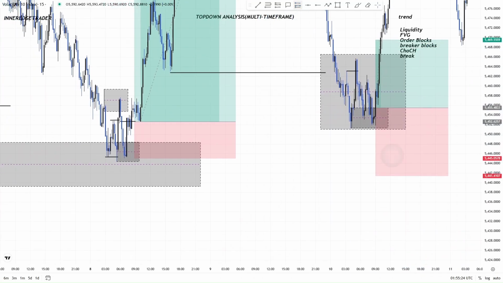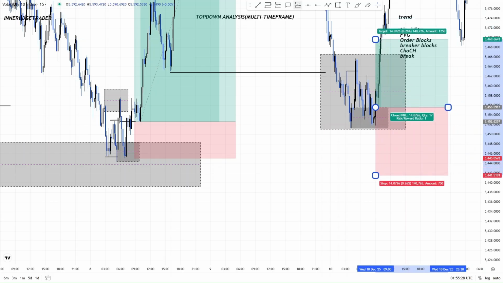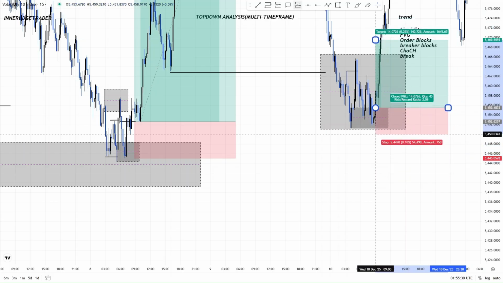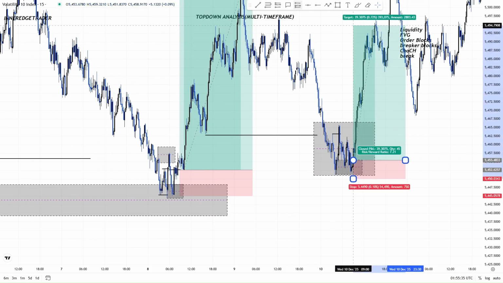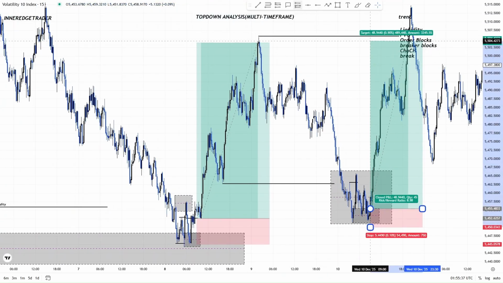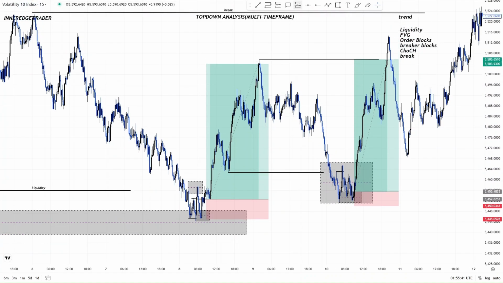Okay, and then putting your stop loss below this low. Then you take your risk to reward ratio around 50, because that's my entry model.